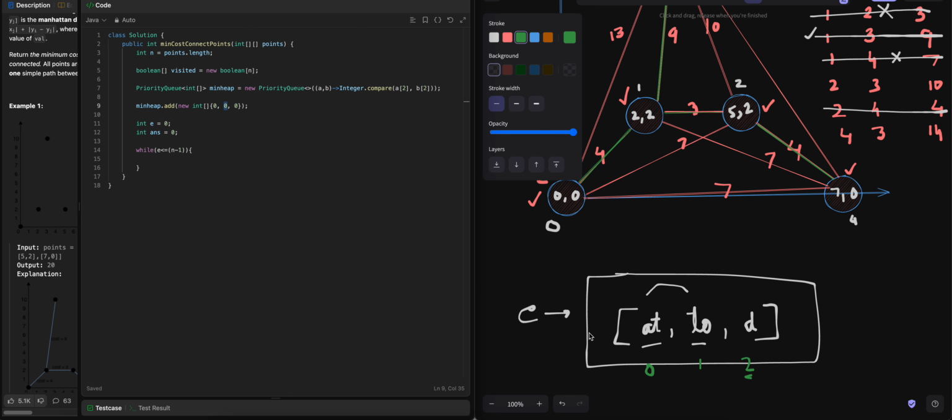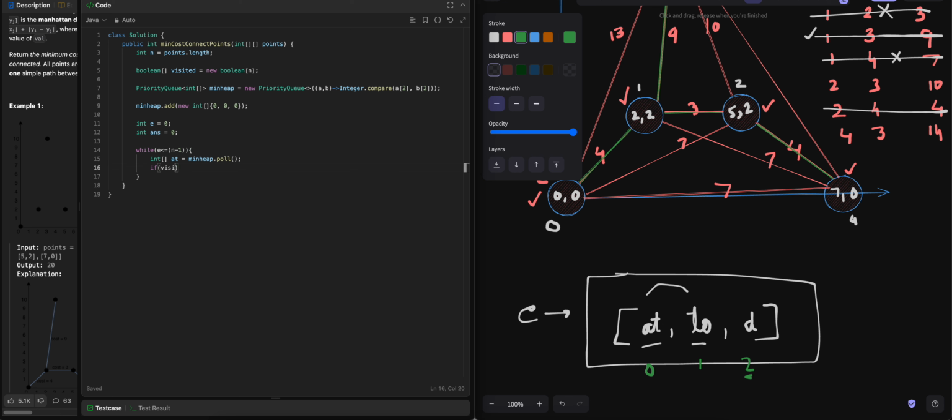In the array, we will be given multiple points, and from the first point we are going to start doing the processing. So we need to find out where we are right now. For that we will do minHeap.poll. It will give us the first point from where we have to start the processing.